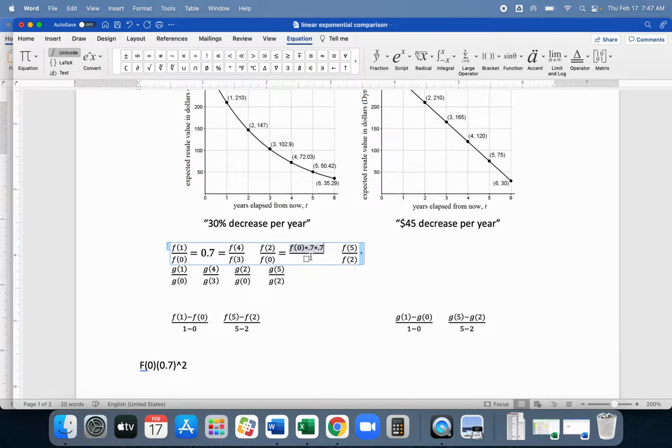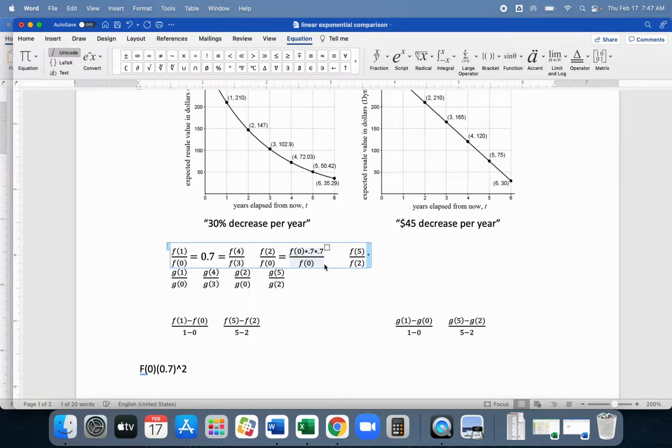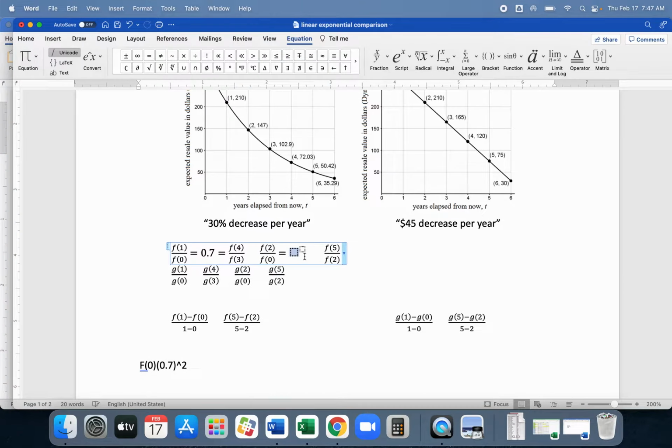And f of 0 is f of 0. And those two can cancel out, so I've just got 0.7 squared. And so instead of writing this big ugly fraction, I'm just going to write 0.7 squared. Oops, I don't want that, I wanted to delete that. Sorry, I hate this equation editor. 0.7 squared.